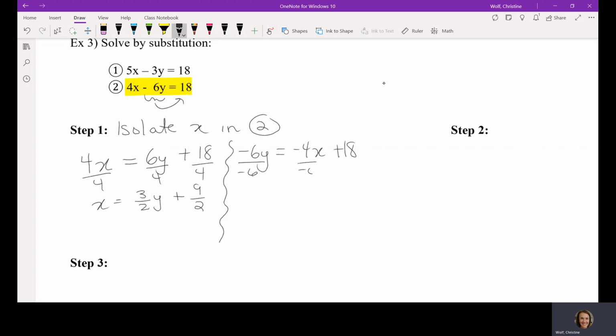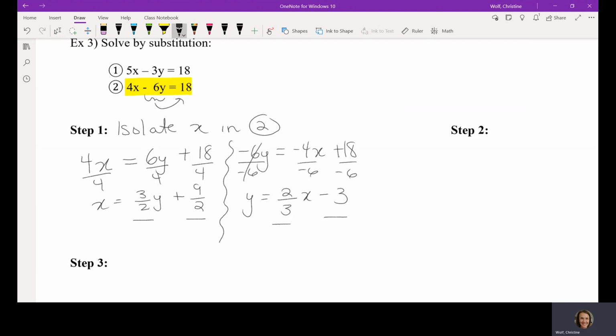Then if you divide off by that -6, we have y isolated, equaling positive 2 over 3x minus 3, because 18 over 6 divides nicely. So in this scenario, you're only with 1 fraction, whereas in the other, you're with 2 fractions. But regardless, you're dealing with fractions anyway, so it doesn't really matter. If you want to work with 1 less fraction, you could choose that one.